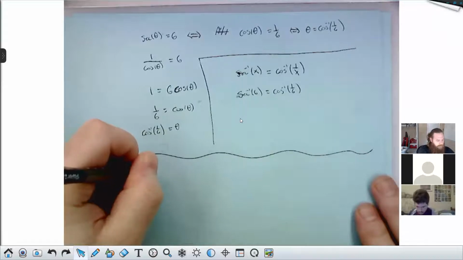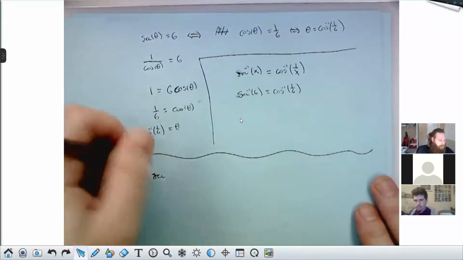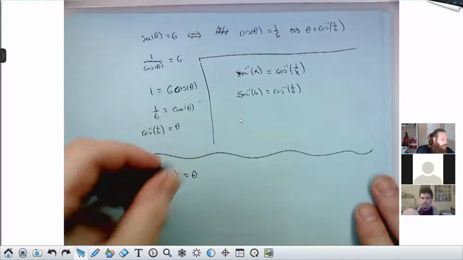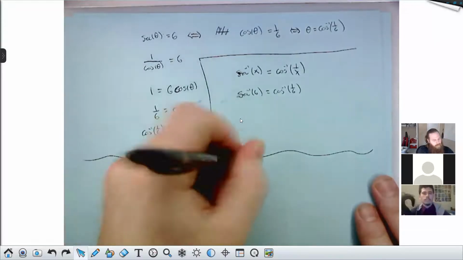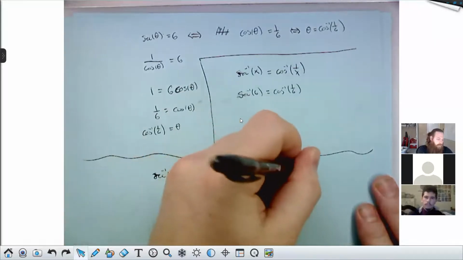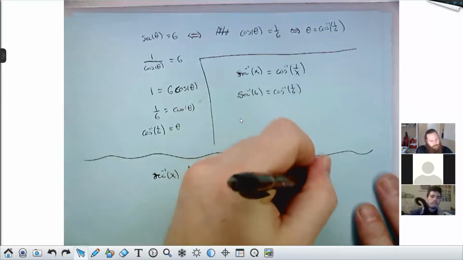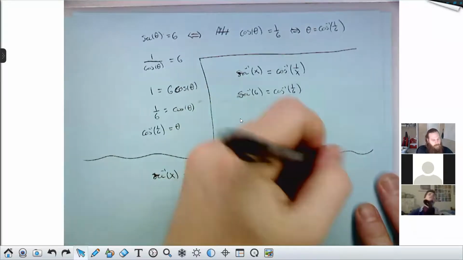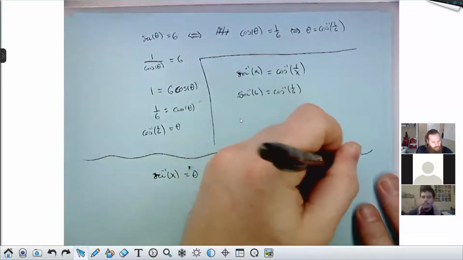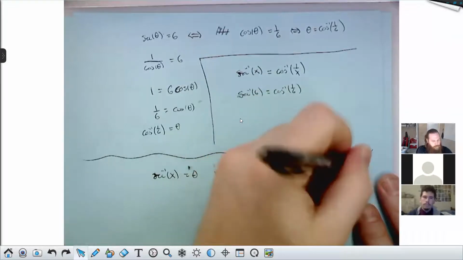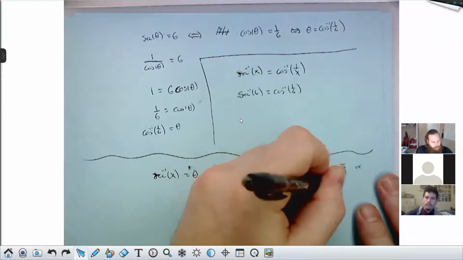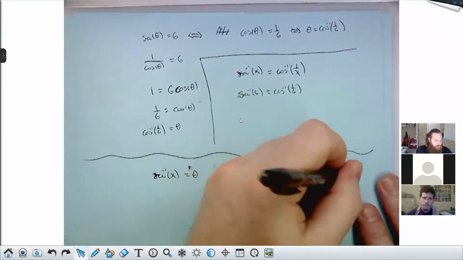So we say the inverse secant of x is equal to theta means that the secant of theta is equal to x, and then normally you have a domain restriction for the theta values. 0 is less than or equal to theta is less than pi over 2, or what is the other one? Pi over 2 is less than theta is less than pi.